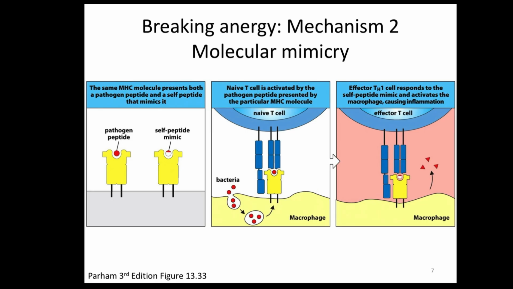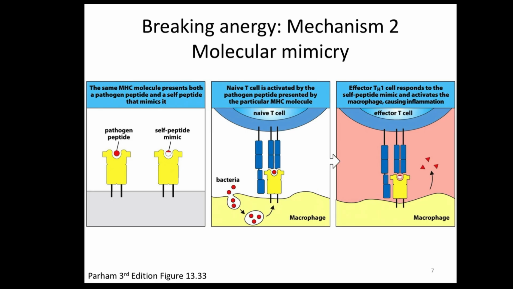And so the idea with molecular mimicry is that there can be situations where a peptide from a microbe is very similar to a peptide from self. They might be identical if we're thinking about some of the particularly class 1 epitopes where we're only talking 8 to 10 amino acids long.